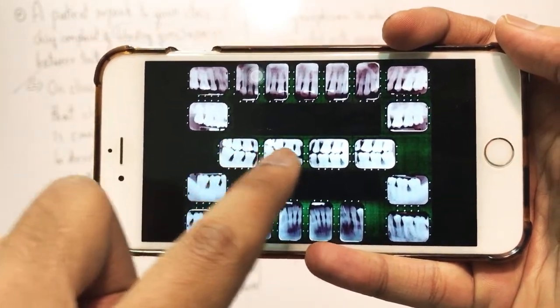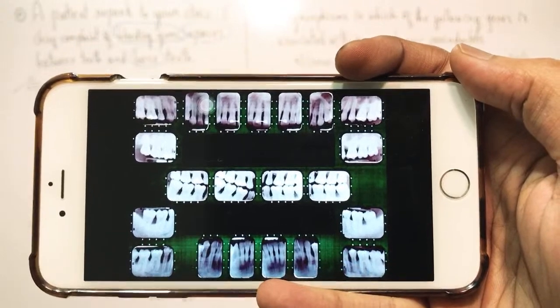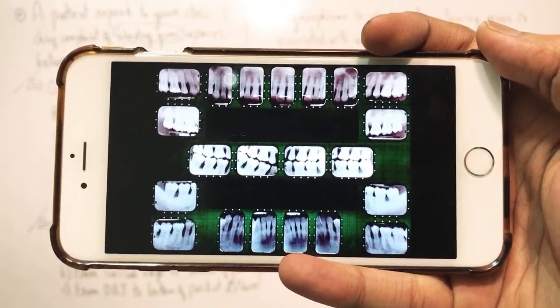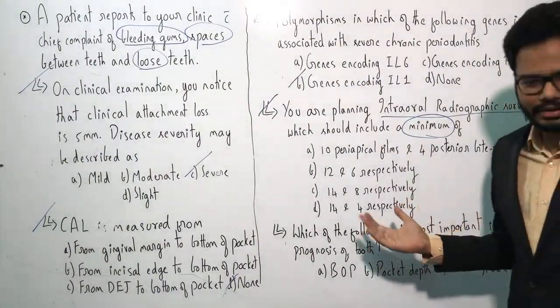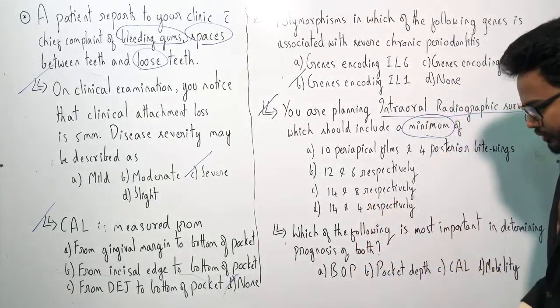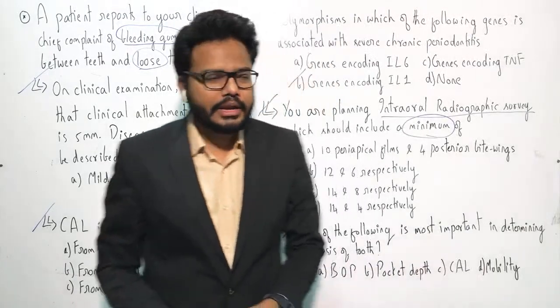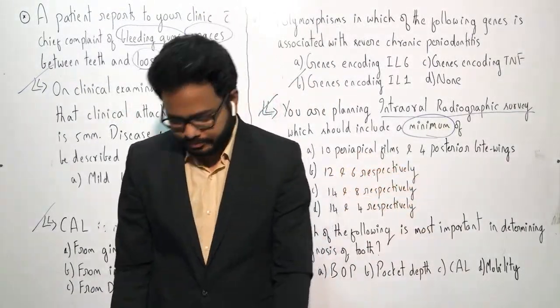You can see we have 4 bite wings and, if we count, 17 periapical films, isn't it? But by the way, you don't have 17 in the options. So which one would you choose? We're planning an intraoral radiographic survey, which should include a minimum of how many periapical films and bite wings?